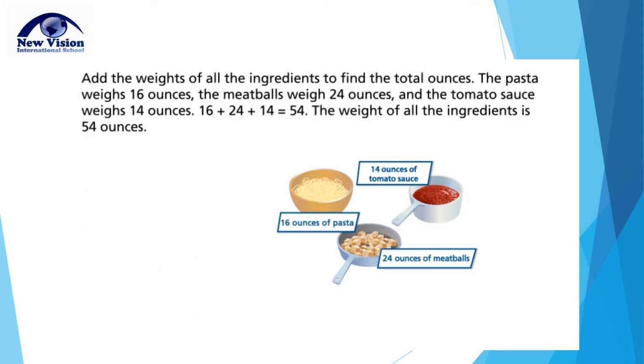Add the weights of all the ingredients to find the total ounces. The pasta weighs 16 ounces, the meatballs weigh 24 ounces, and the tomato sauce weighs 14 ounces. 16 plus 24 plus 14 equals 54. The weight of all the ingredients is 54 ounces.